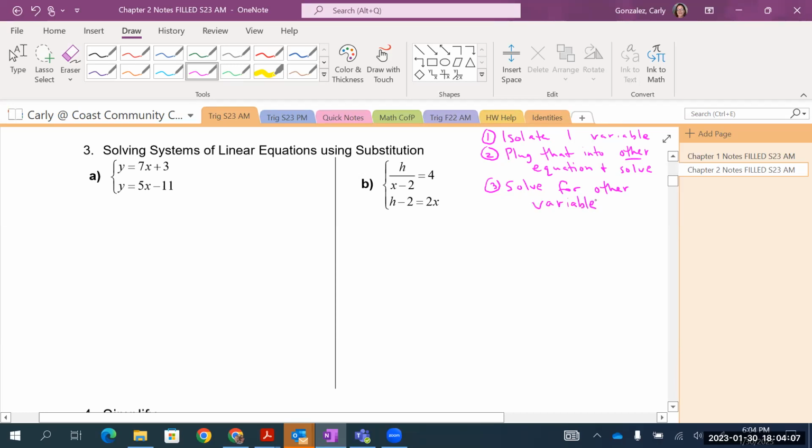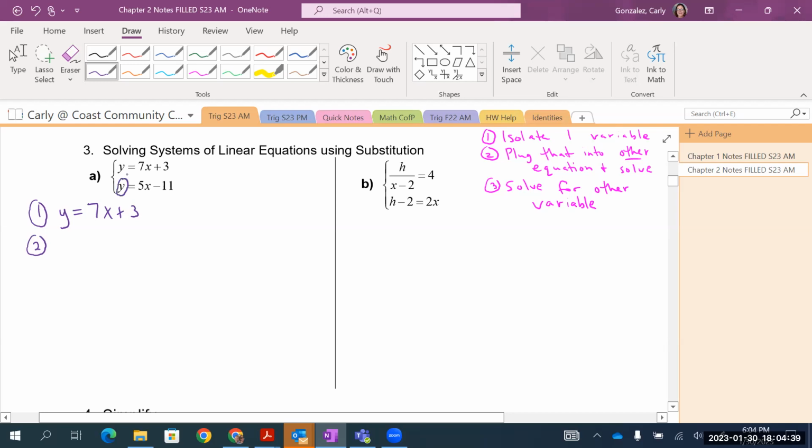Okay, so let's take a look at A. For step one, it's actually kind of done for us. We're going to isolate y equals 7x plus 3. So y is isolated, so we are good to go. Now for step two, we need to plug that into the other equation.